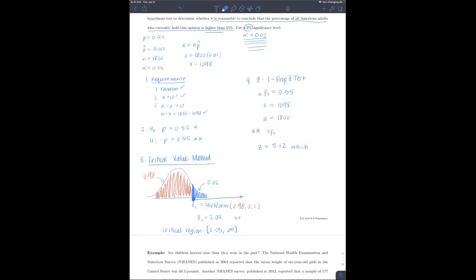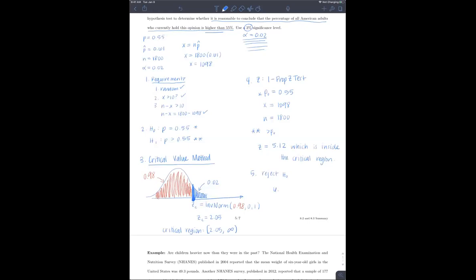Which is inside the critical region. And so when that happens, what am I going to do? The fifth step is to make a conclusion. Reject. Yeah, I'm going to reject because that 5.12 is pretty unusual, right? So I'm going to reject H naught.